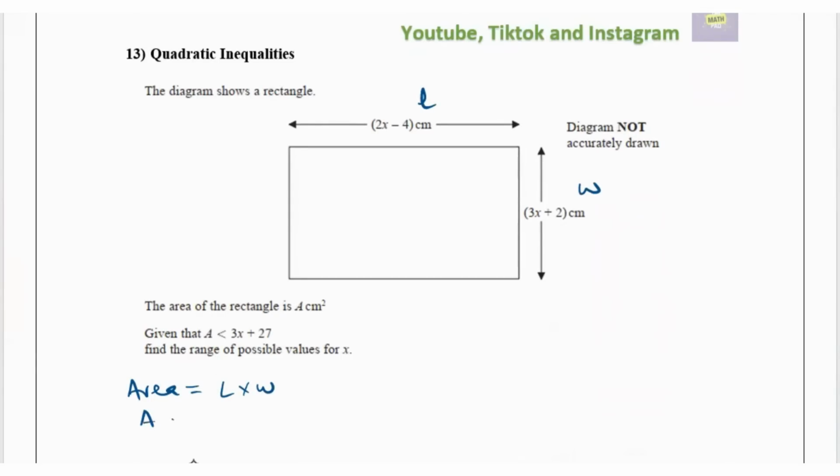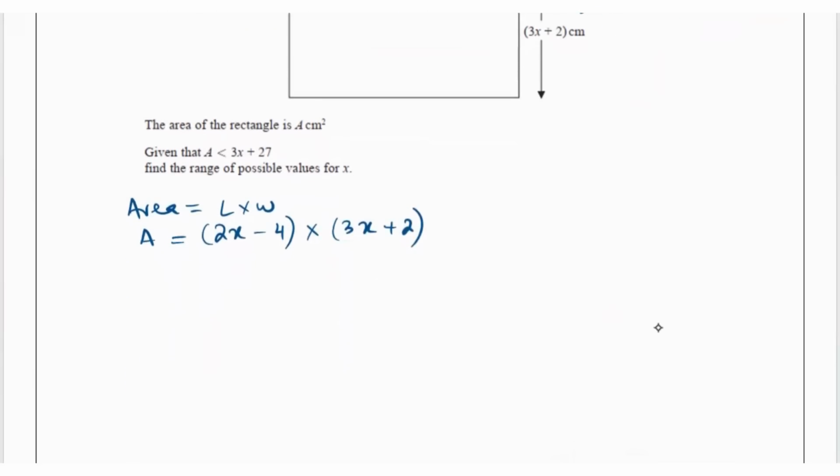So a is equal to 2x minus 4 times 3x plus 2. Expand the bracket: 6x squared plus 4x minus 12x minus 8. Collect the like terms: 6x squared minus 8x minus 8.